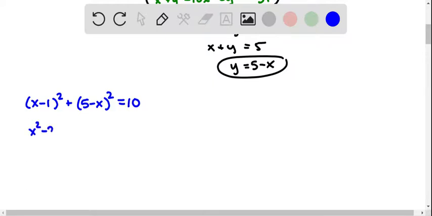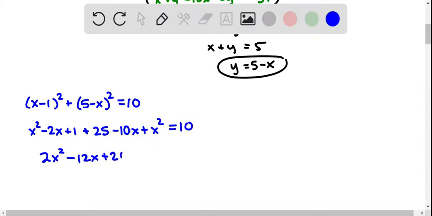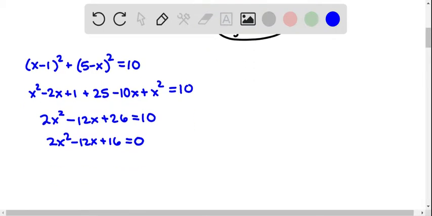So multiplying this out, and then combining like terms, we have 2x^2 - 12x + 26 = 10. So 2x^2 - 12x + 16 = 0. Let's divide by 2. x^2 - 6x + 8 = 0.